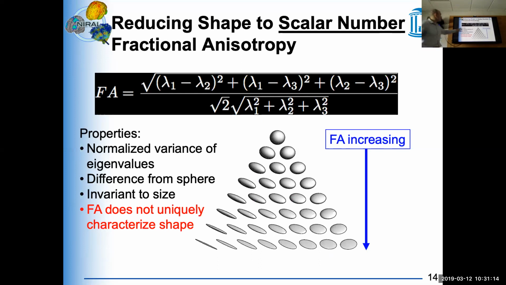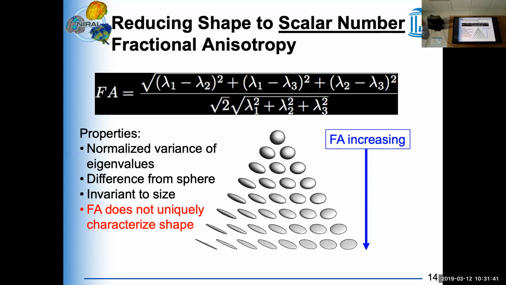What you can see here is that it relates the differences of the eigenvalues, lambda 1 to lambda 2, lambda 1 to lambda 3, lambda 2 to lambda 3, to the total sum of them, from a squared perspective. That means if they're all the same, this is going to go towards 0, so FA is going to be 0.